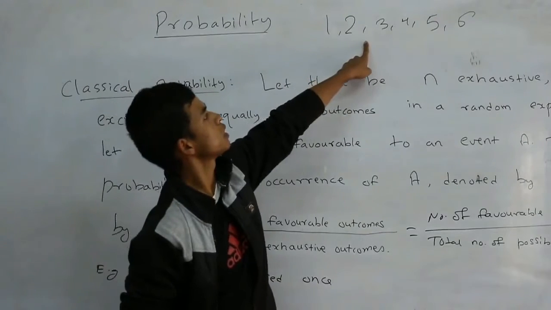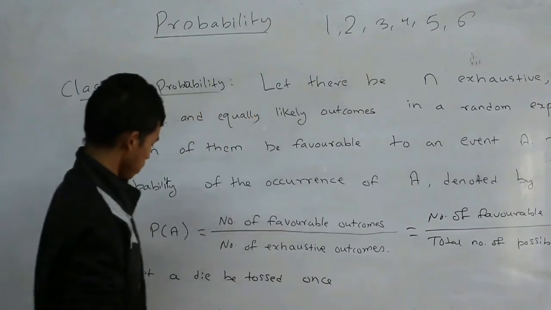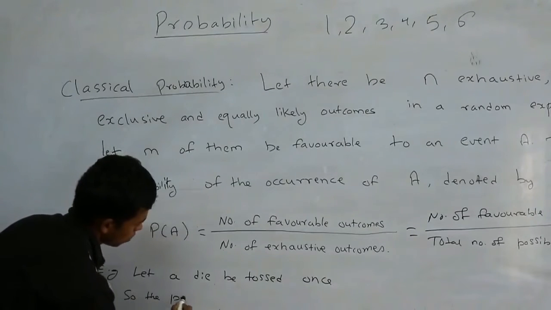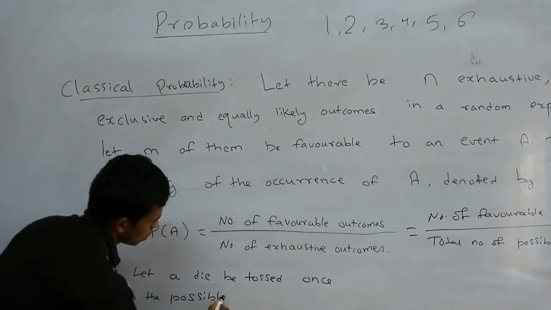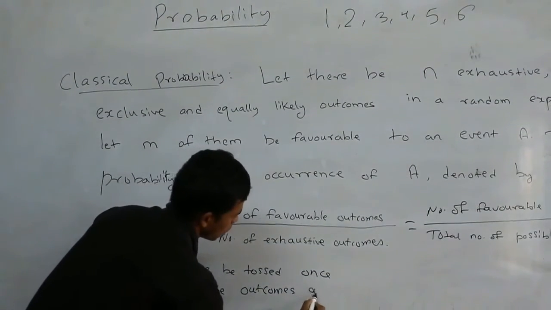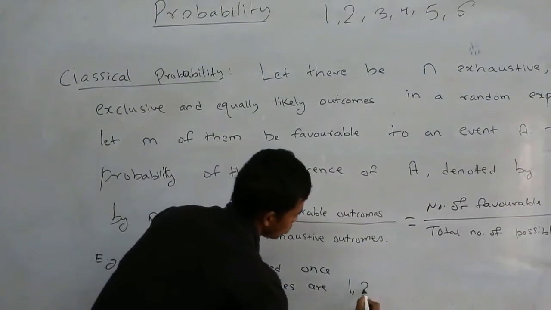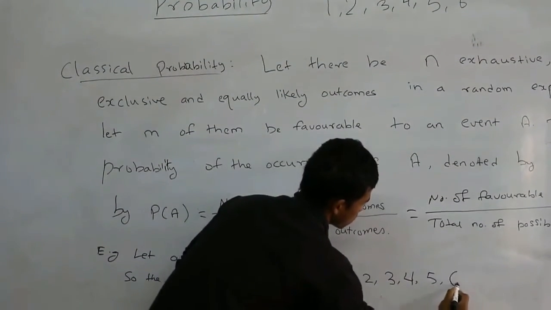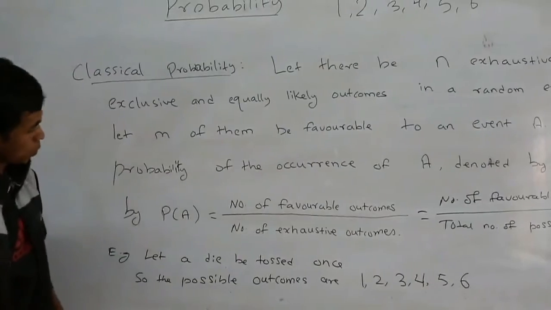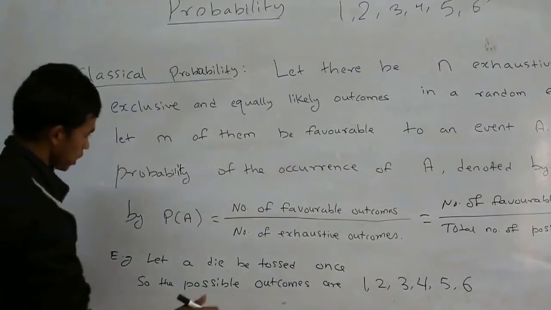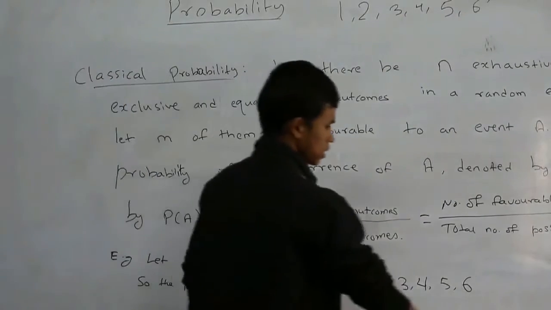These are the only possible outcomes: 1, 2, 3, 4, 5, 6. And suppose we have an event A. Suppose the event A is defined like this.